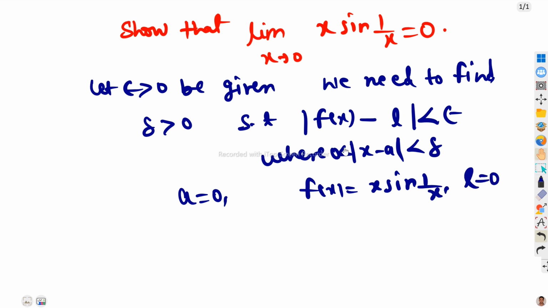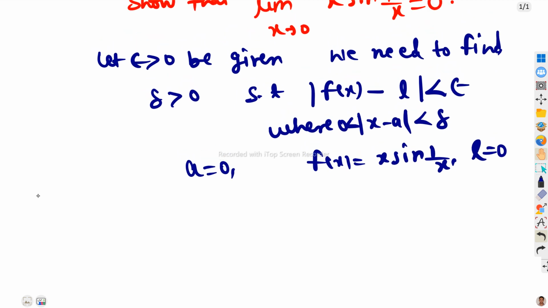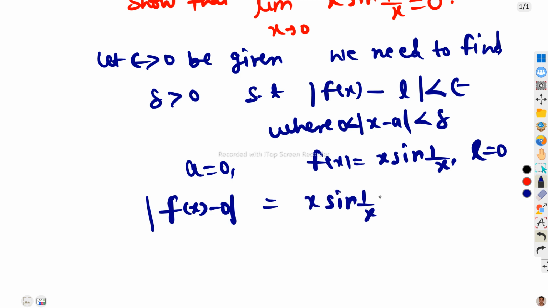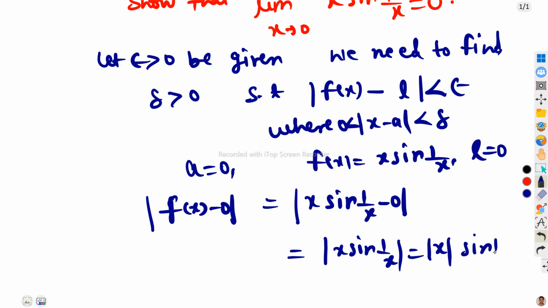So |f(x) - 0| equals |x sin(1/x) - 0|, which can be written as |x sin(1/x)|.